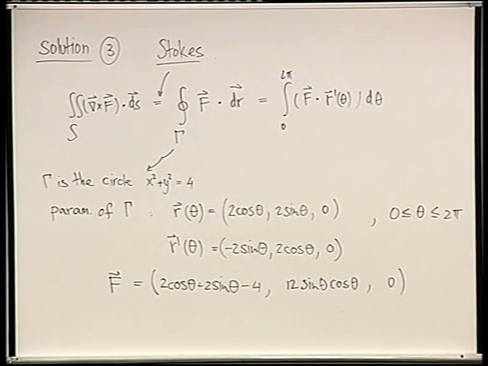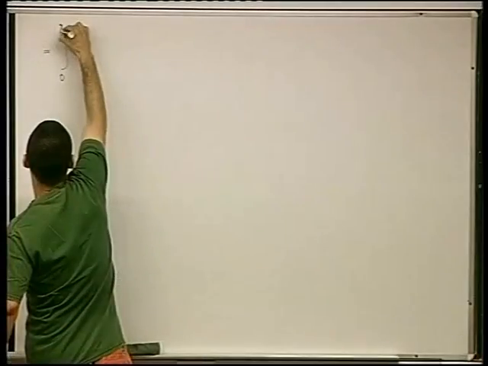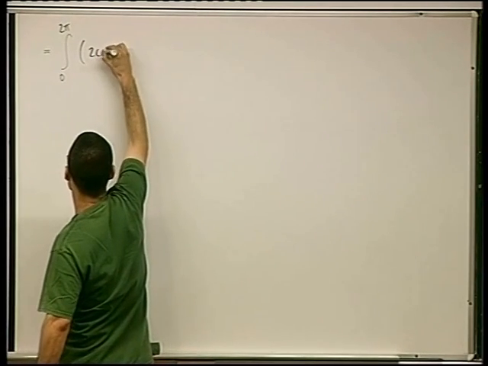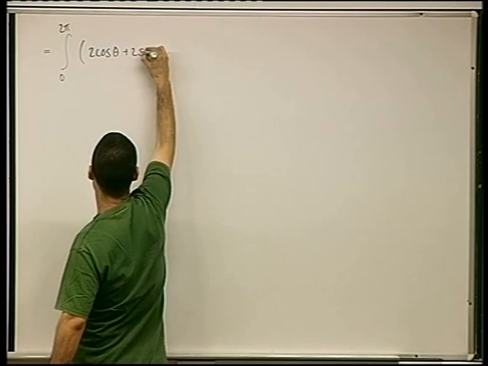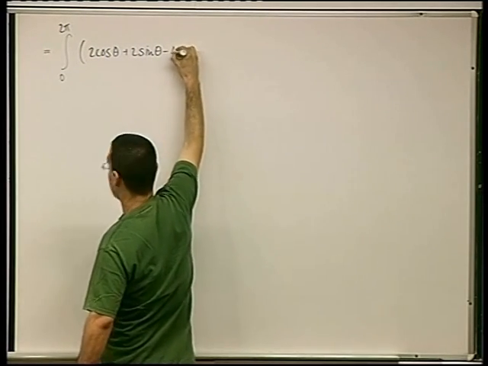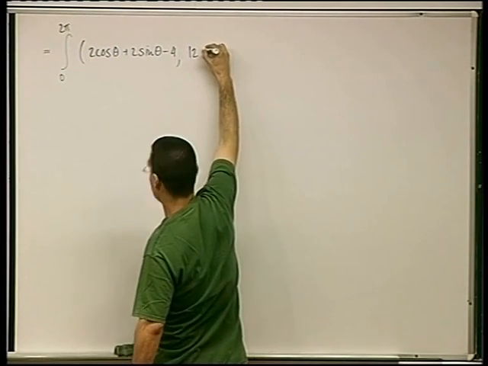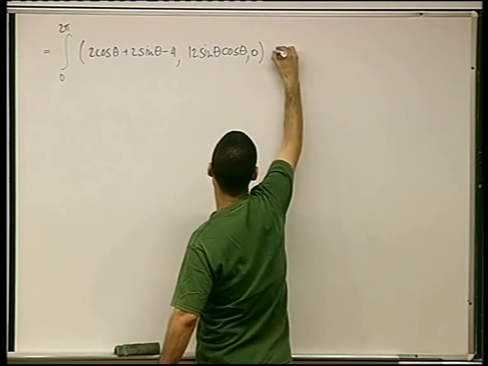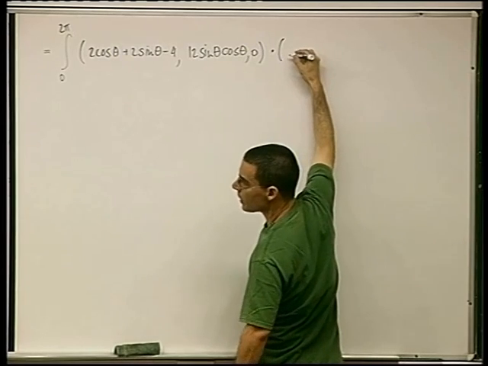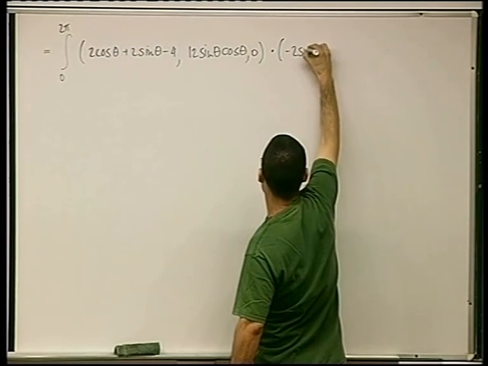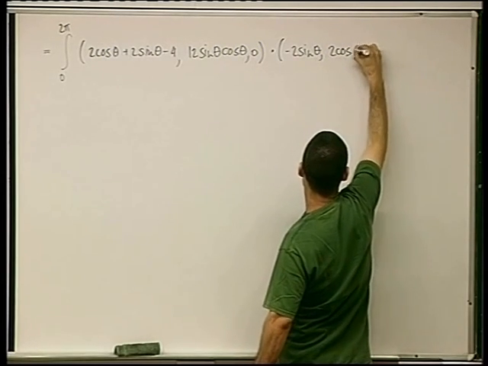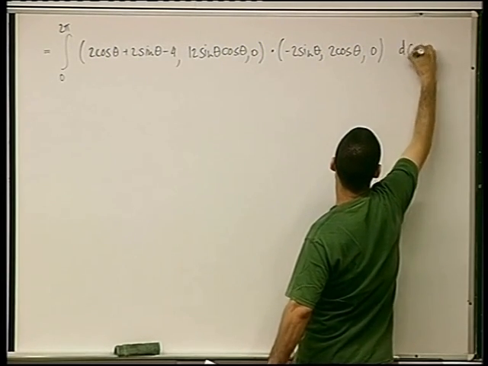Okay. So let's write it. Now that we don't have it on the same board, we're not going to be lazy. So the integral from 0 to 2 pi of (2 cosine theta, 2 sine theta, minus 4, 12 sine theta cosine theta, and 0) dot r prime, (minus 2 sine theta, 2 cosine theta, and 0), d theta.